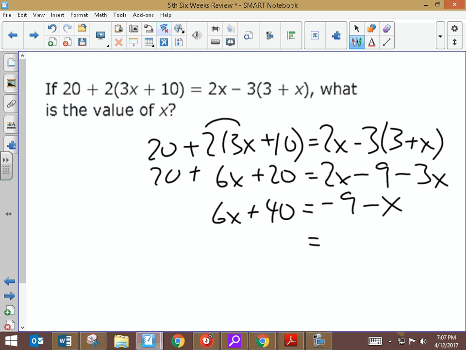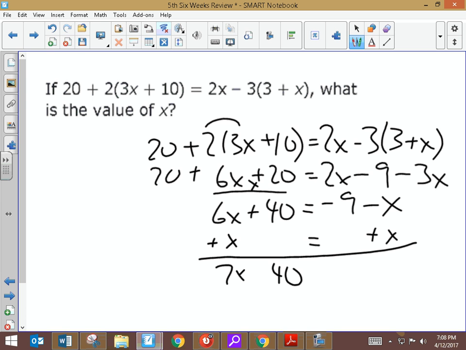Same thing. Okay, we'll solve on this side because this has a bigger x there. So we will add x to both sides here. I'll do just one at a time. That brings down, I got a 40, 7x plus 40 over here, and I have a negative 9.